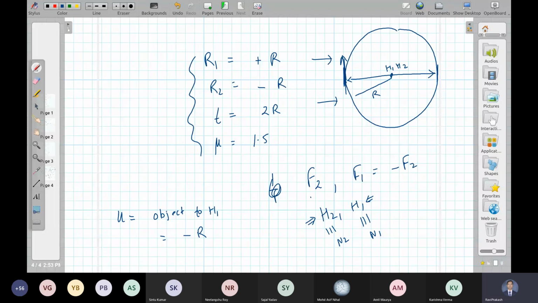Use this formula to find V. Okay. You will get some number. इमेज कहाँ बनेगी? H2 से V डिस्टेंस पर. पॉजिटिव आता है सो मूव टुवर्ड्स राइट बाय V डिस्टेंस. नेगेटिव आता है तो लेफ्ट की ओर. Okay.